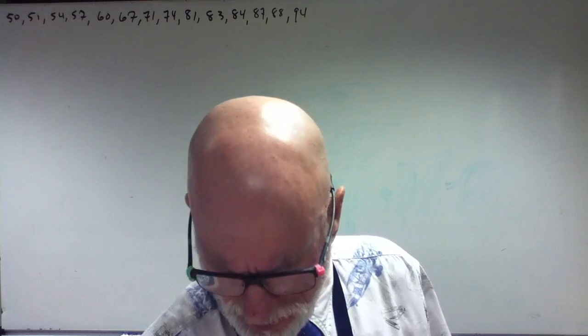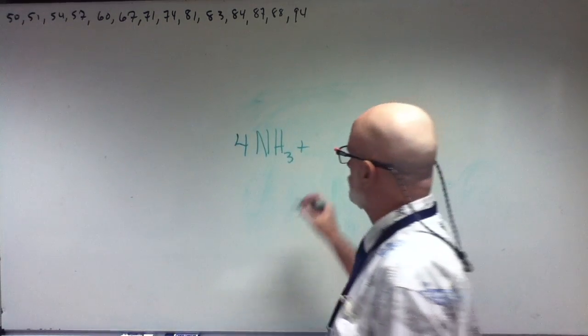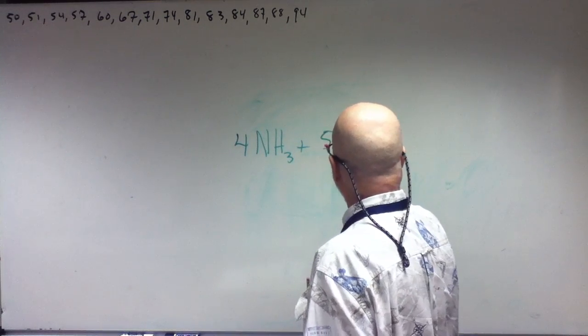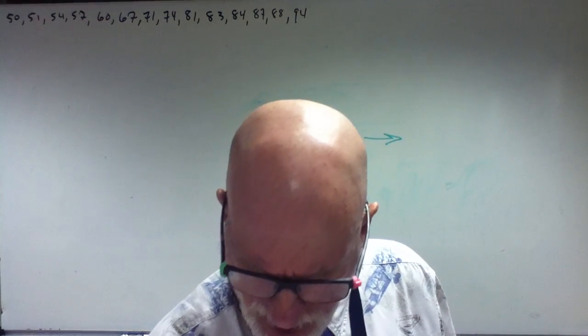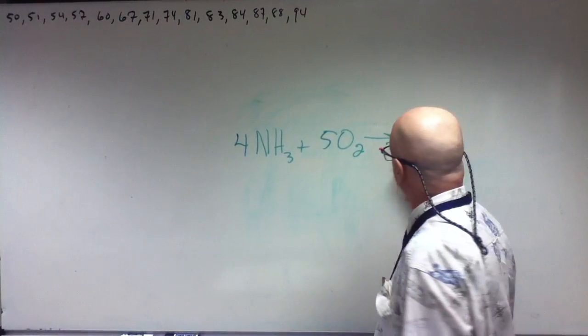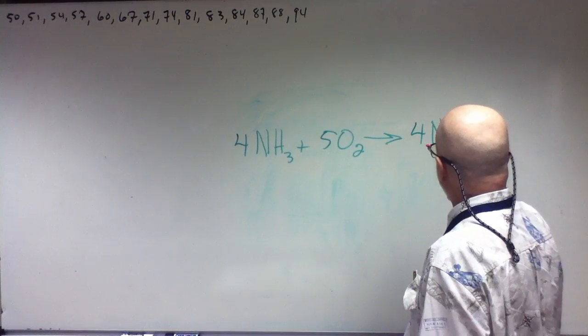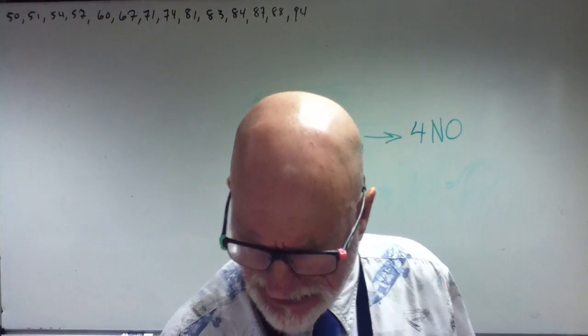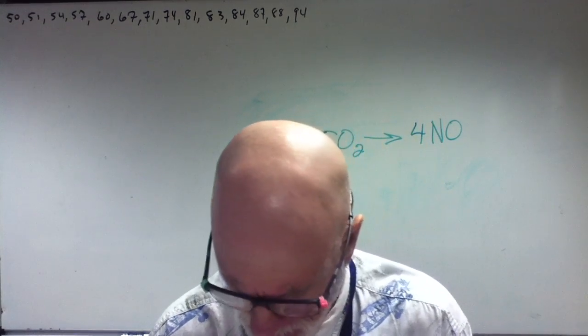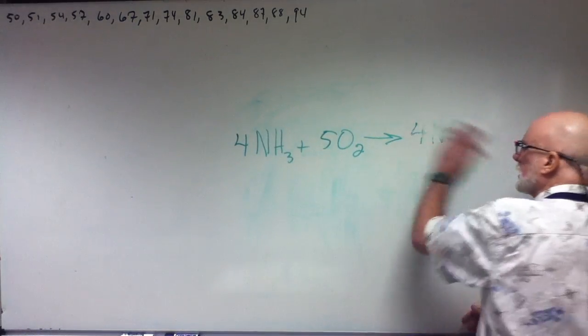4 ammonia plus 5 oxygen yields 4 nitrous oxides and 6 waters, right? Let me redo this. This is green. This is not going to come out very well.